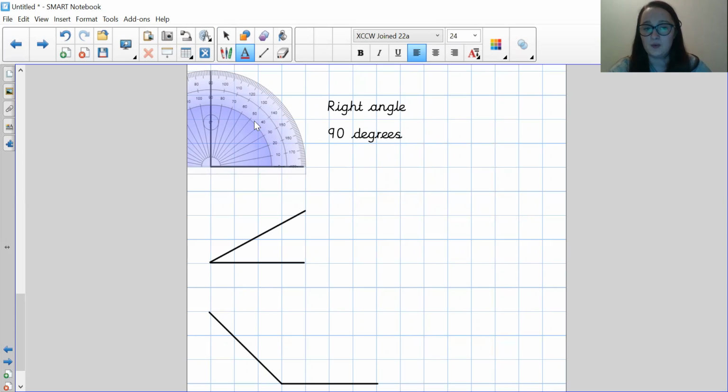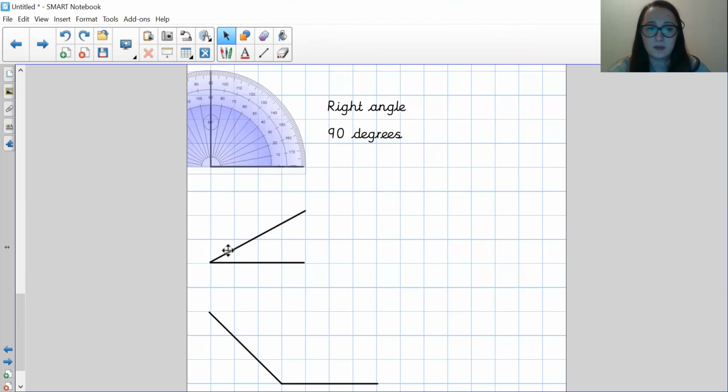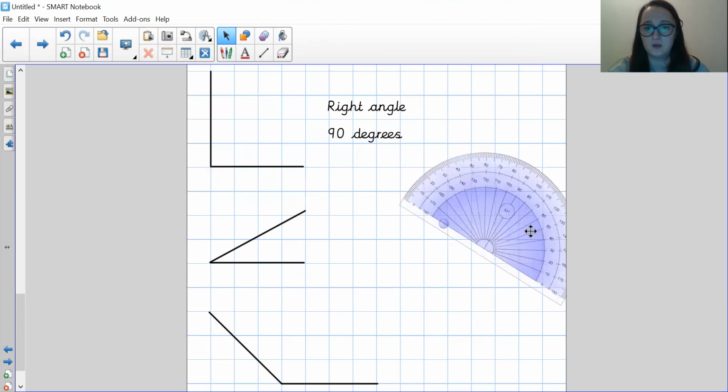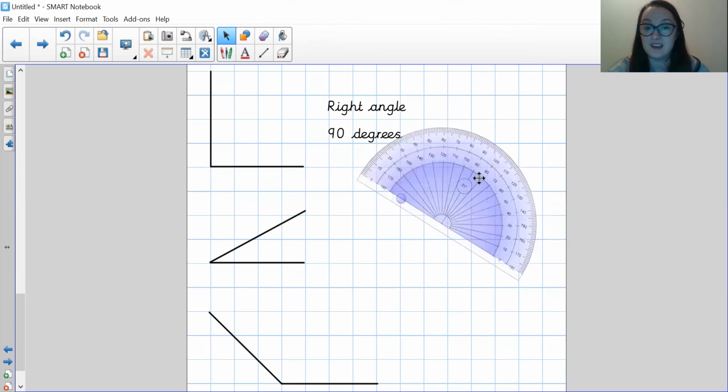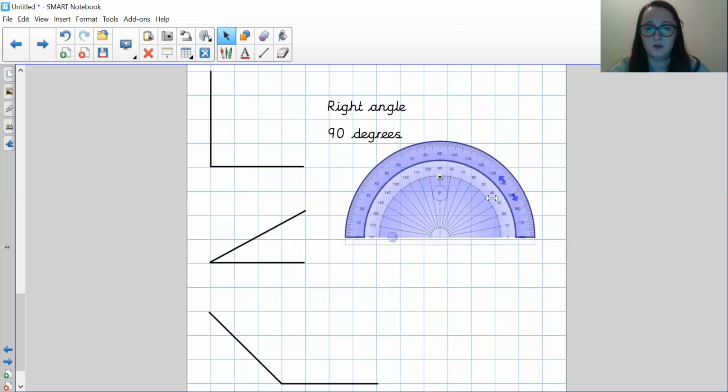Now, we can see already that this angle below here is not 90 degrees. It's smaller, isn't it? And I love this angle. This is my son's favourite angle, should I say. This is my favourite angle because it's so small and it's so cute.